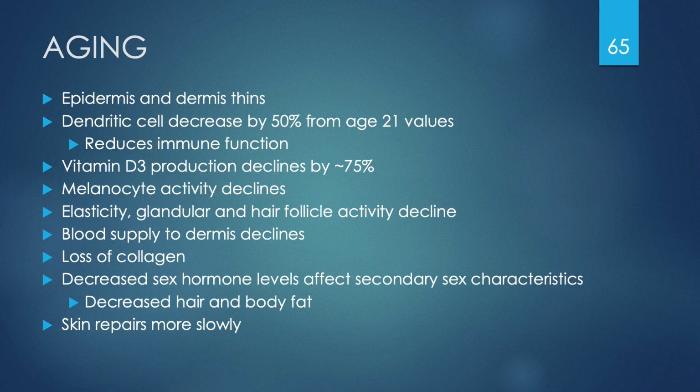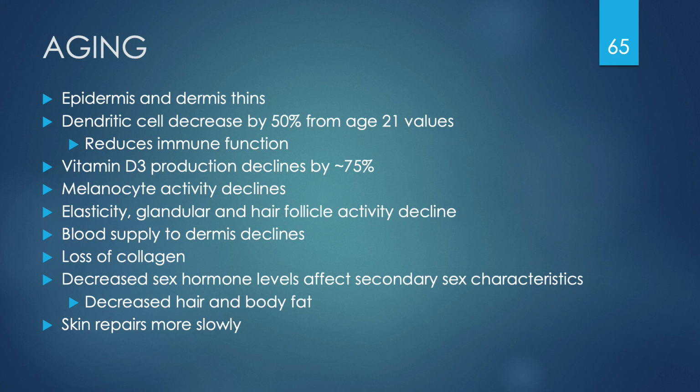So supplementing your diet with vitamin D3 is very important, in addition to also getting a little bit of sunlight. Our melanocyte activity declines, so that means we produce less melanin, and therefore our skin will not have that protective additional layer against ultraviolet radiation. Our elasticity, glandular, and hair follicle activity all decline as well.